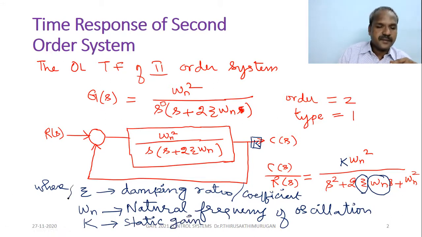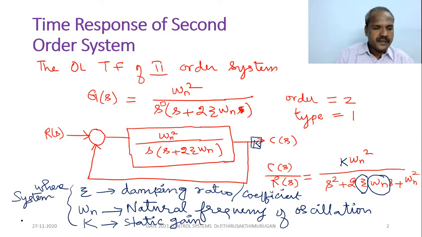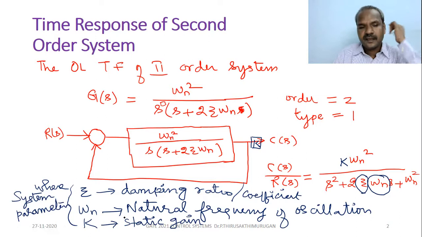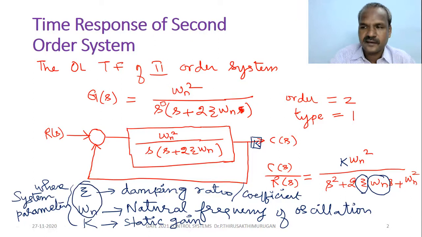So these three parameters are called system parameters. So the dynamic response of the second order control system is mainly determined by zeta and omega n. These two are mainly involved in that, right?